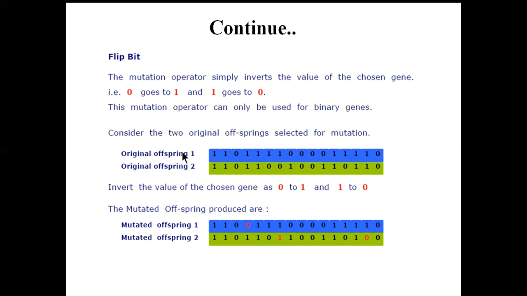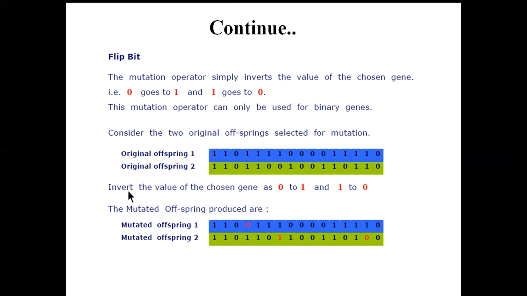Here you can see the original offspring 1 and offspring 2, both already generated from the crossover operation, and then we need to select the corresponding mutation points. Here we select, say, the fourth point and the seventh point. Where there is 0, it will be converted into 1, and where there is 1, it will be converted into 0.